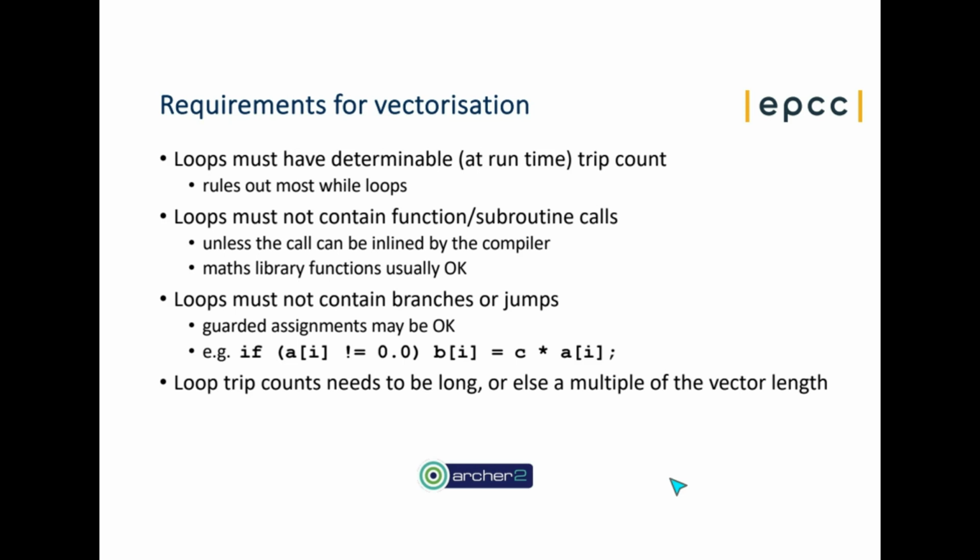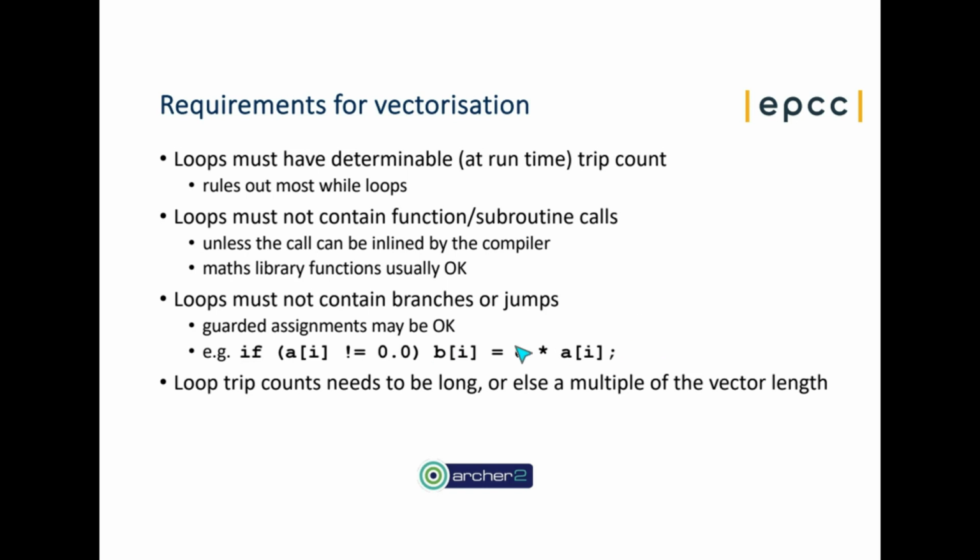Typically, loops mustn't contain any branches or jumps, though some patterns are okay. Tests that just determine whether or not a particular operation takes place, and don't otherwise jump the control flow anywhere, may be okay.